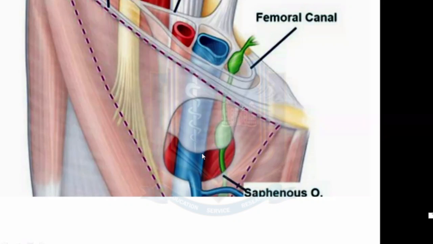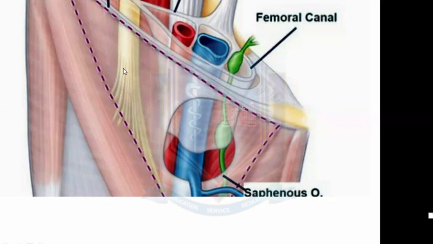Near the termination of the femoral sheath, there is a rounded opening in the fascia lata that is called the saphenous opening, filled with a sieve-like, porous fascia called the cribriform fascia. The great saphenous vein passes through this fascia to drain into the femoral vein. The other tributaries of the femoral vein will pass deep through the cribriform fascia, and the branches of the femoral artery will exit through the cribriform fascia.